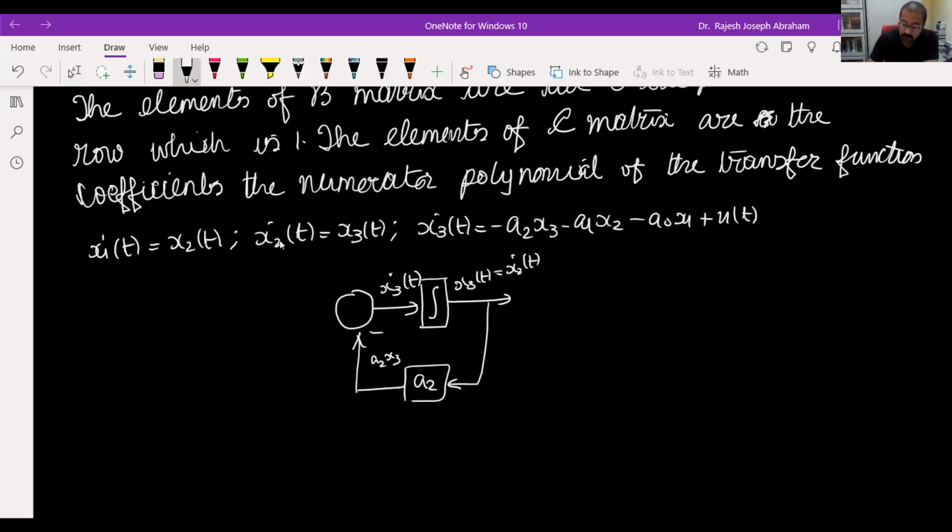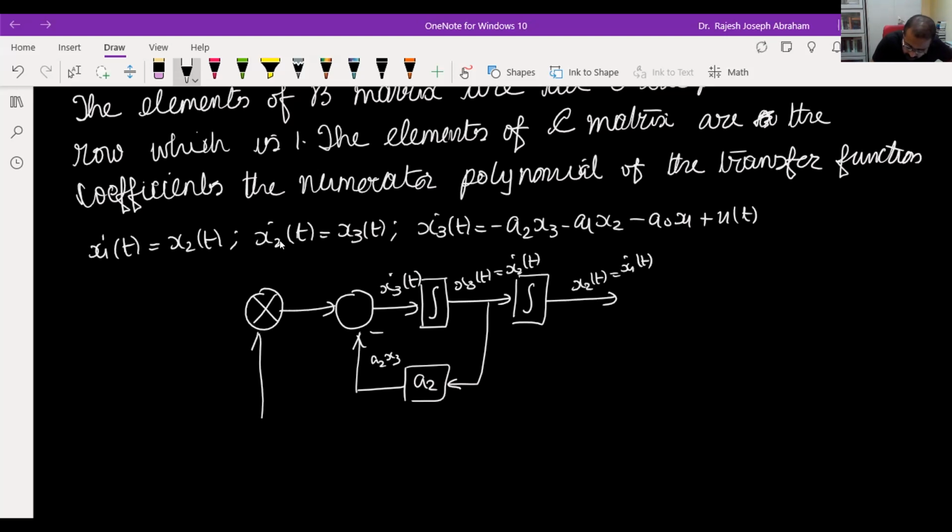So now we need another integrator to get x2. So this is x2 of t. And what is x2 of t? It is nothing but x1 dot. Now you see our x3 dot is a combination of a2 x3 that we have satisfied. Now we need to have a1 x2, so we will take another summing point.